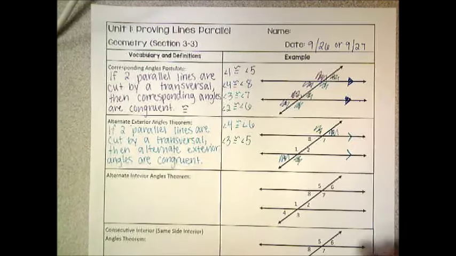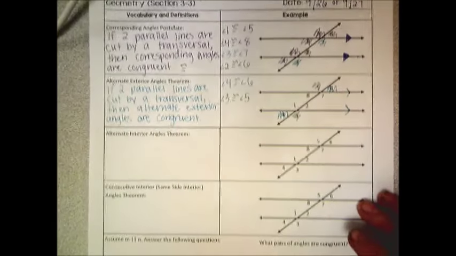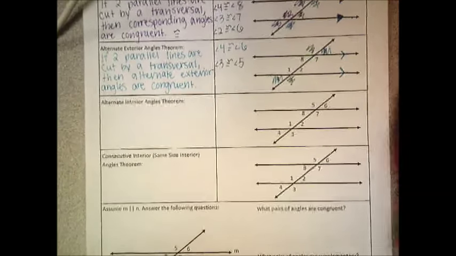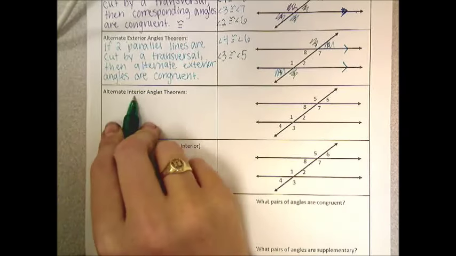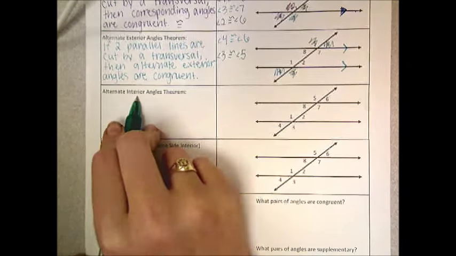Alright, we are going to continue with this trend. Slide that paper up a little bit. You're probably going to roll your eyes at me, but you're going to recognize what we're writing here too, because all we're doing is switching to the alternate interior angles.